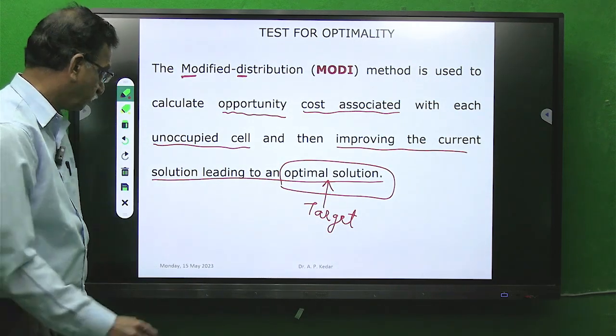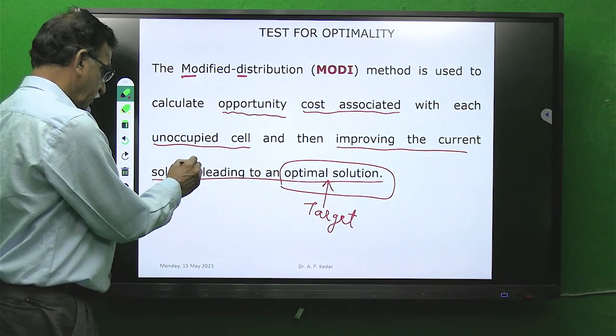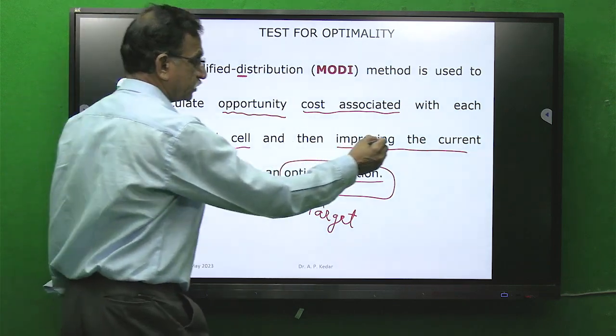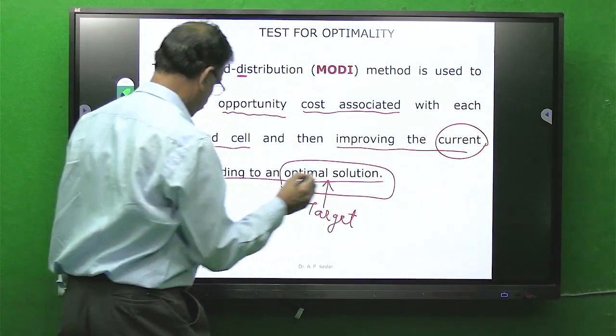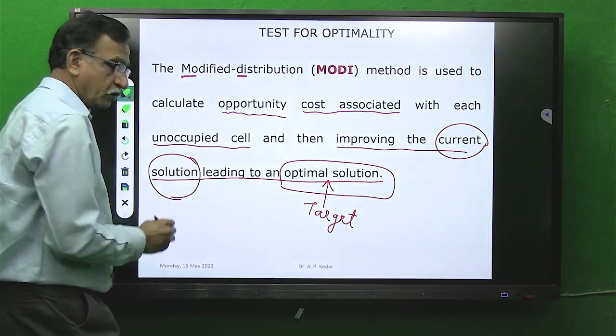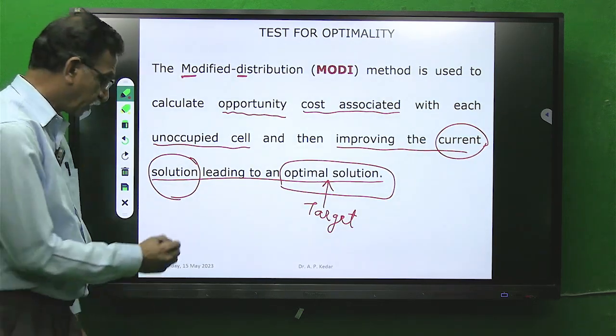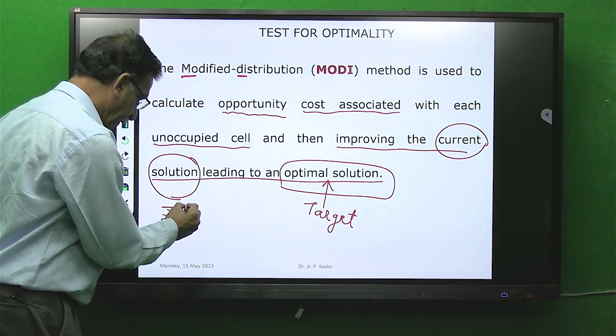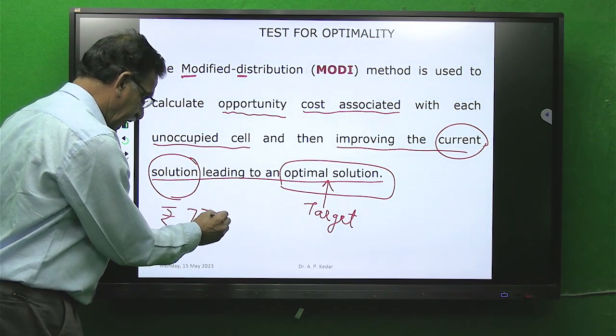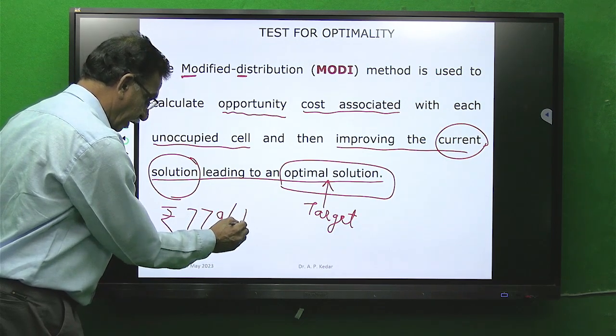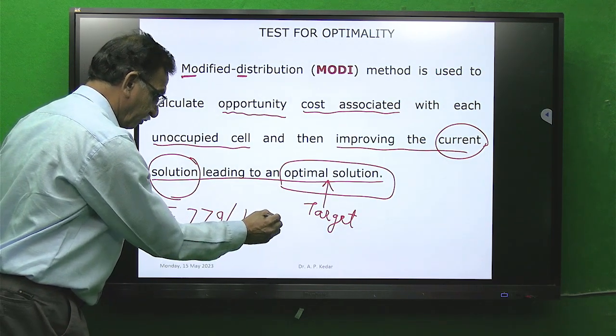Right now what I got is this current solution, which we are saying is rupees 779 by VAM. Which method? VAM.